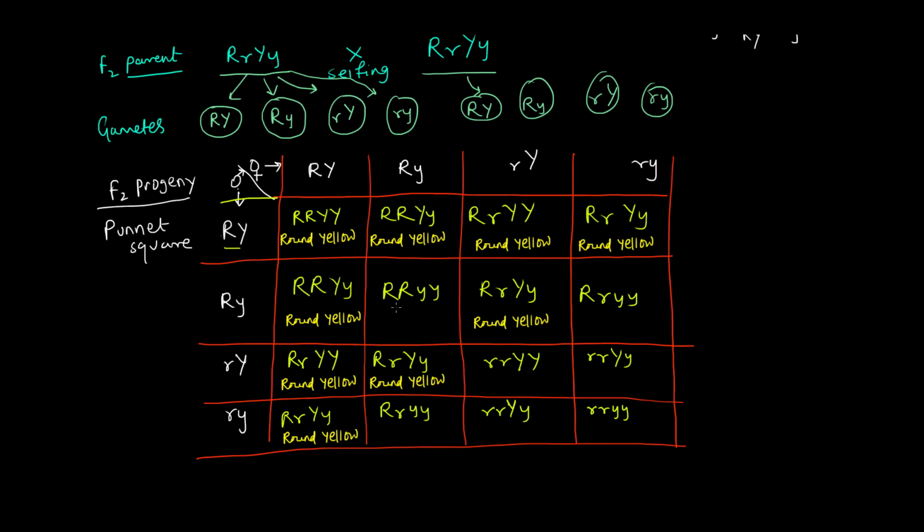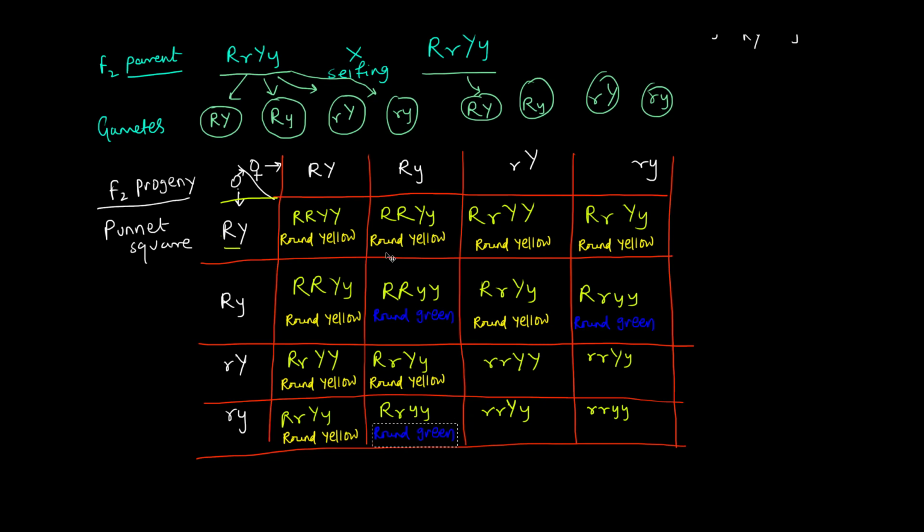The second phenotype that we're going to get is round and green. Again, let's find out where all we have the round and green condition. Here we're going to have the round and green condition, and here as well.